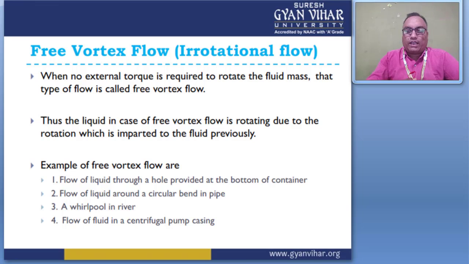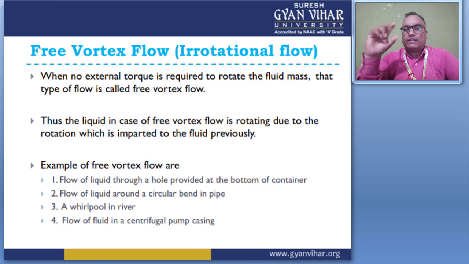This type of rotation is given by certain examples. These are flow of liquid through a hole provided at the bottom of the container. Suppose I take one beaker and the beaker is fully filled.